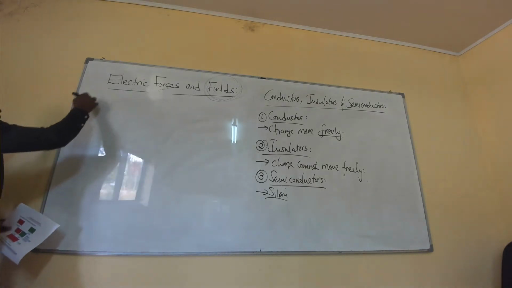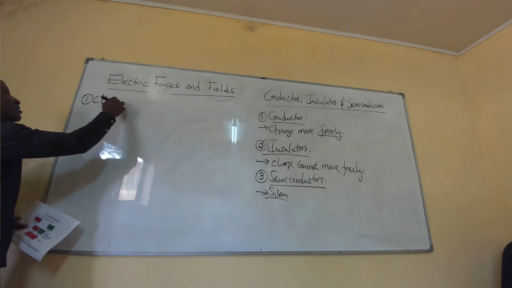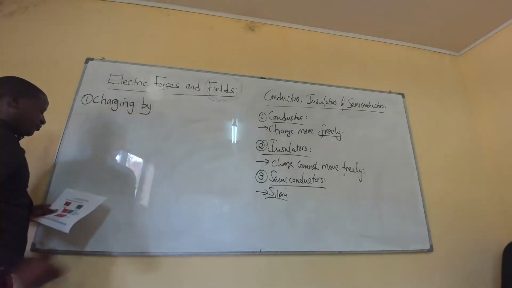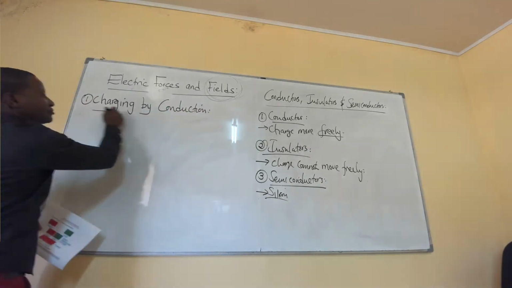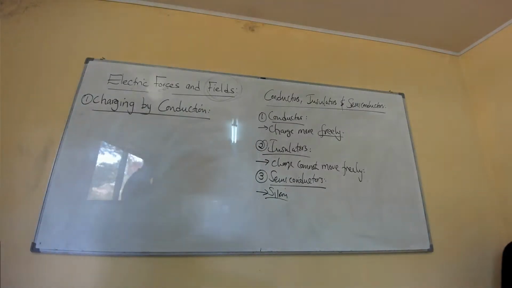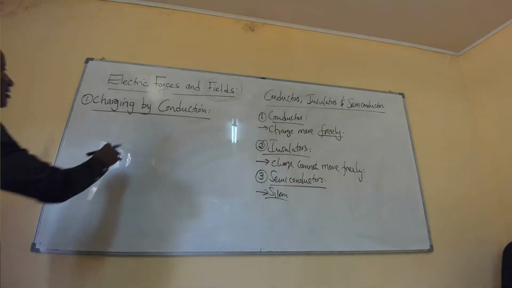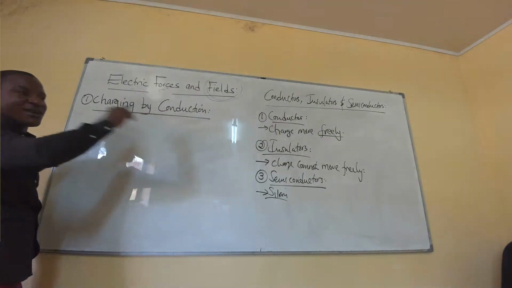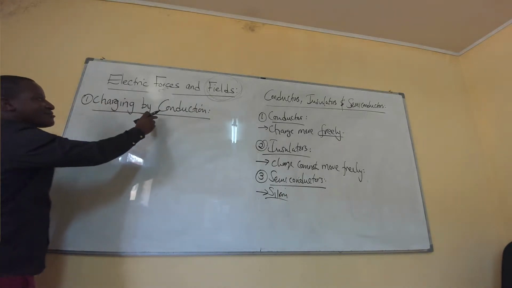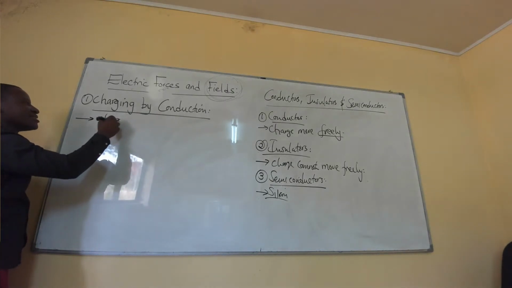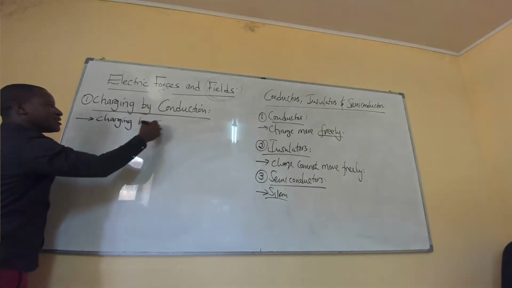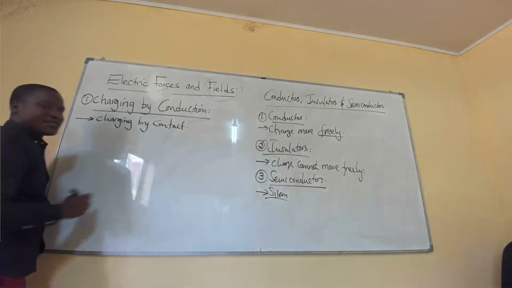So we look at the first one, which is charging by conduction. Okay? So when you look at charging by conduction, the first thing that should come into your mind is that when it's about conduction, there has to be contact. So in other words, this is charging by contact. So there has to be a contact somewhere.